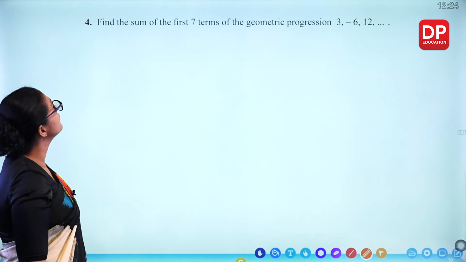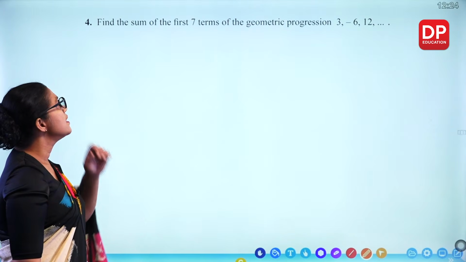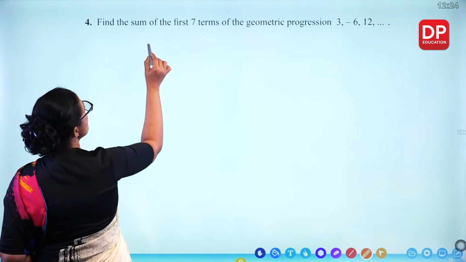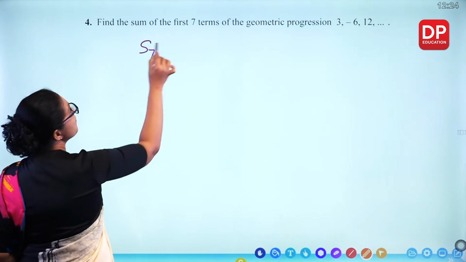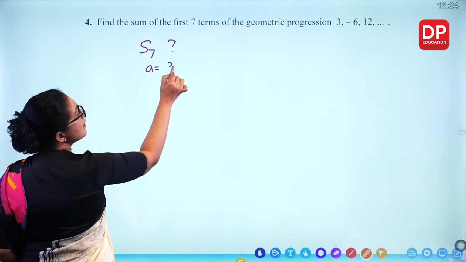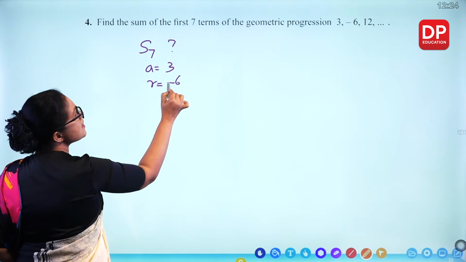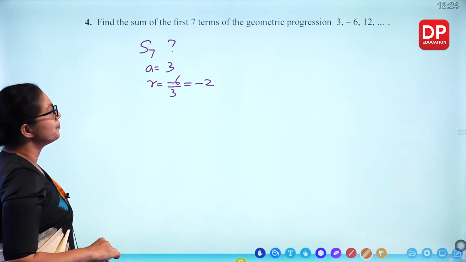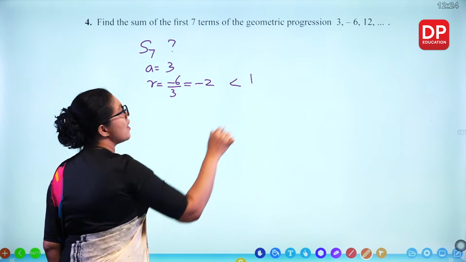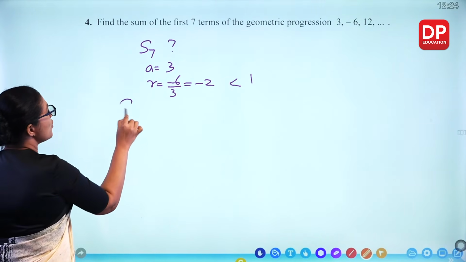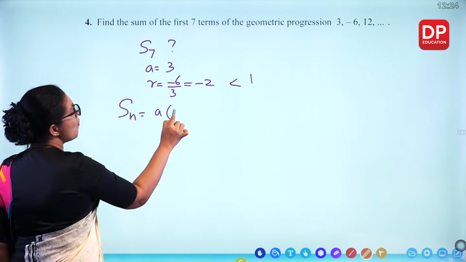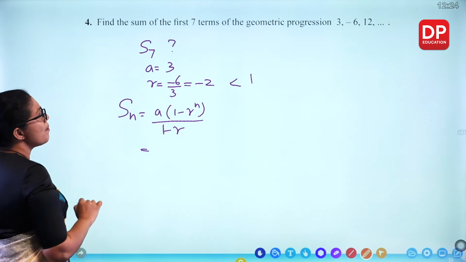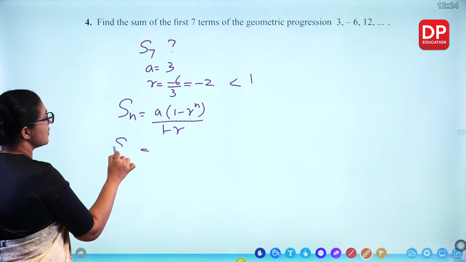Question number 4. Find the sum of the first 7 terms of the geometric progression. So n is 7. What's A? What's R? Minus 6 over 3, you get minus 2. Minus 2 is less than 1. That means which formula is suitable? 1 minus R^n over 1 minus R. Now plug the values. N is 7.